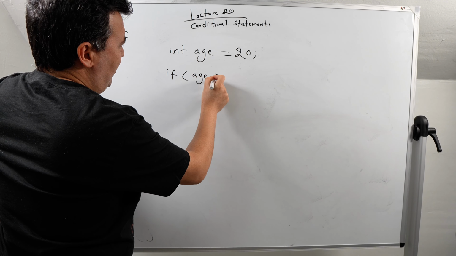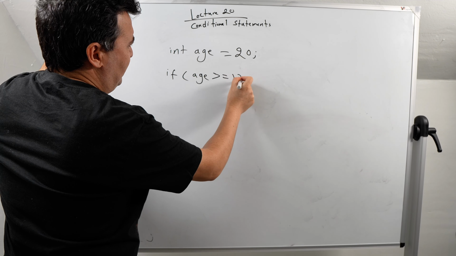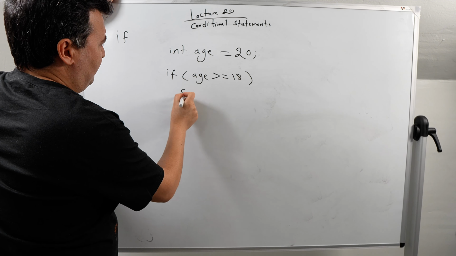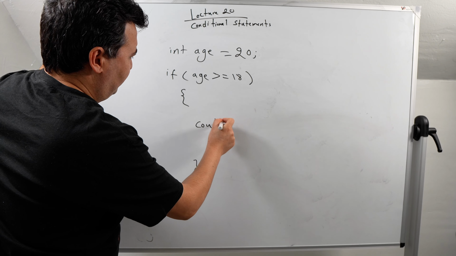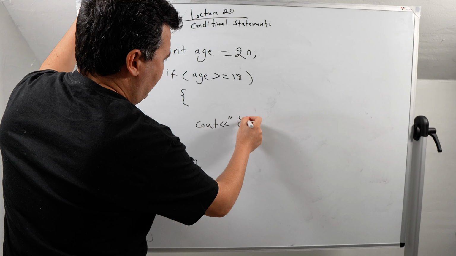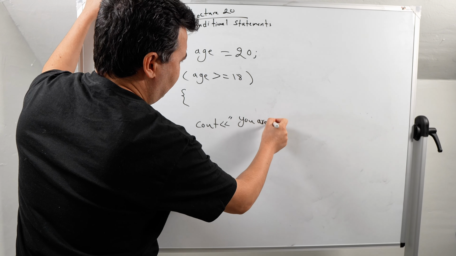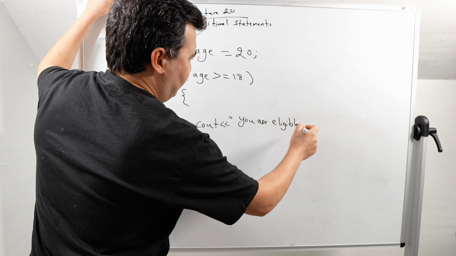So I say if age is larger than or equal to 18. So now cout, quotation, you are eligible to vote.